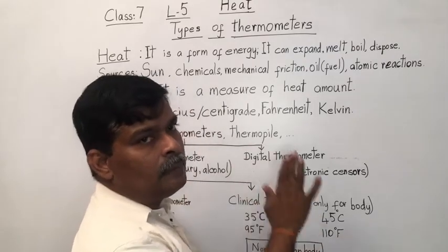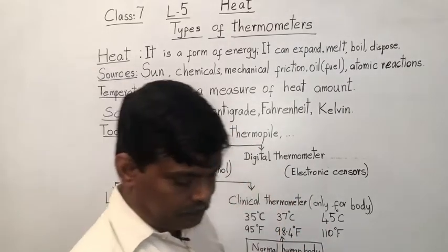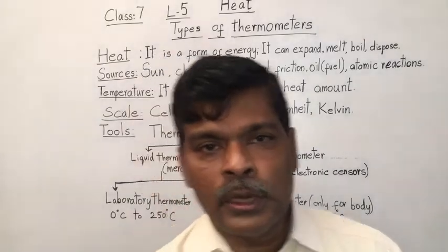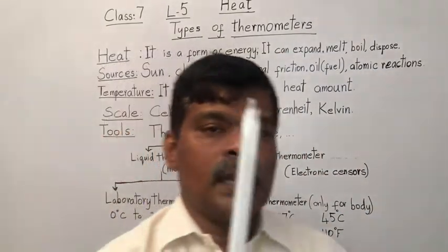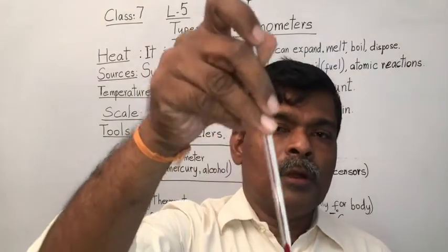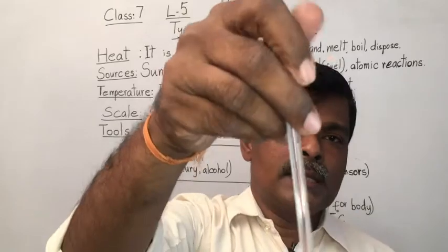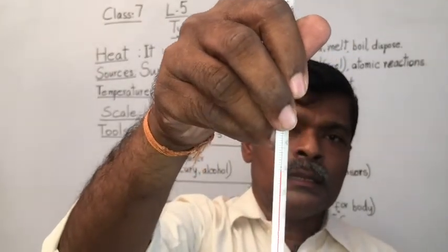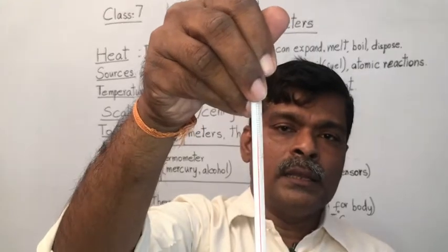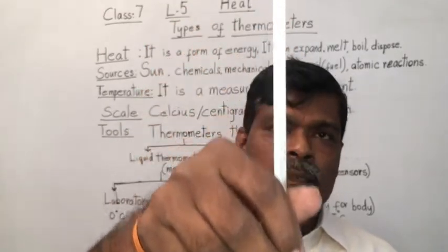These are the matters related to temperature and heat. I will demonstrate 2-3 thermometers. The first one I am taking is a laboratory thermometer. Here it has a bulb, a stem, and a capillary. In that capillary you can see the red liquid, which is alcohol, inserted.